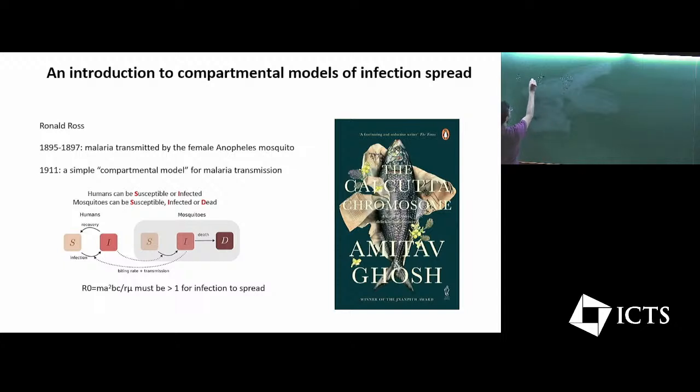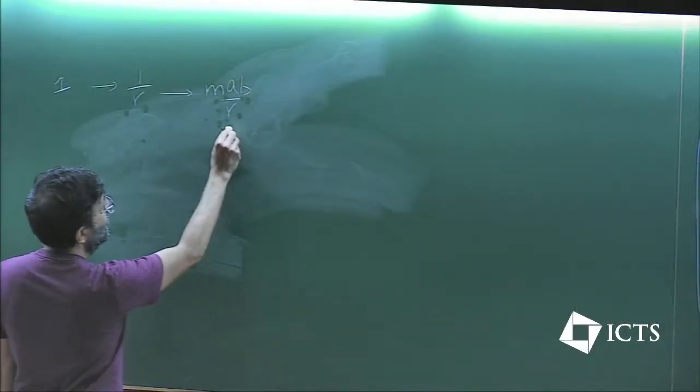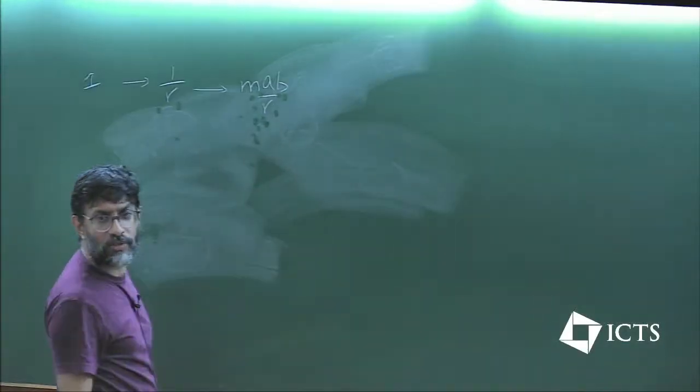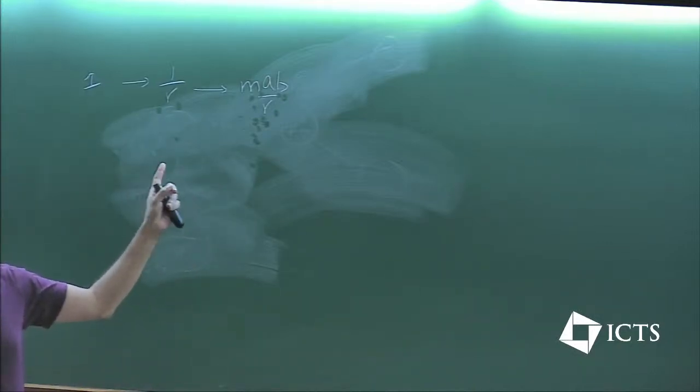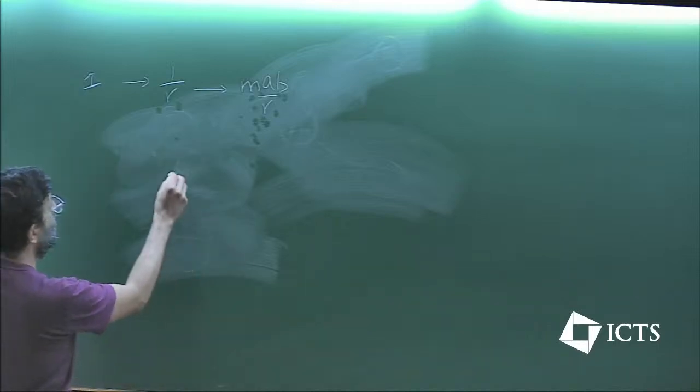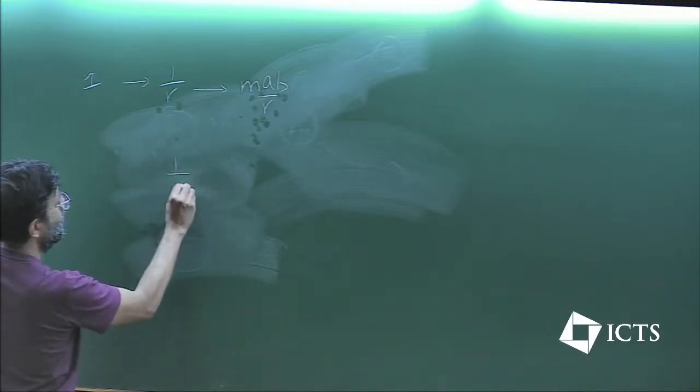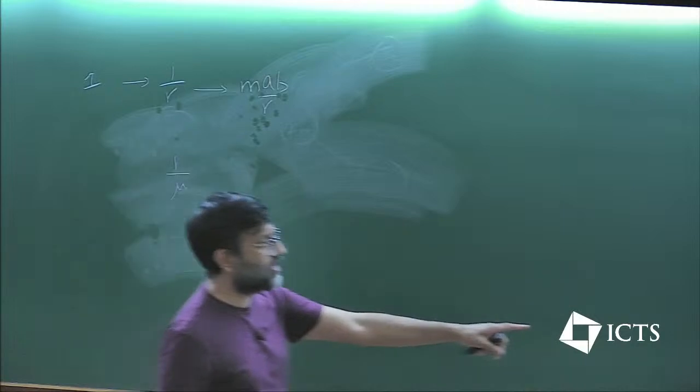So this human was alive for 1 over r, and that gave you this. Now the question is, how many will any one of these infected mosquitoes infect? We know the mosquito lives for this much time, because that's the lifetime.